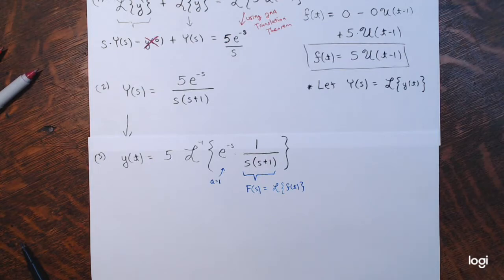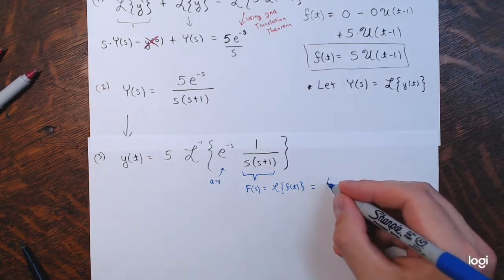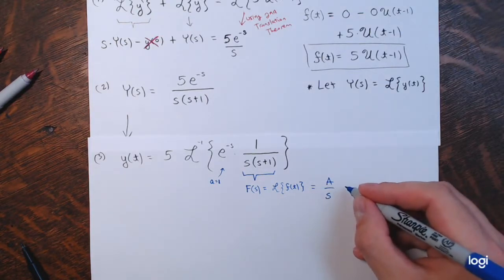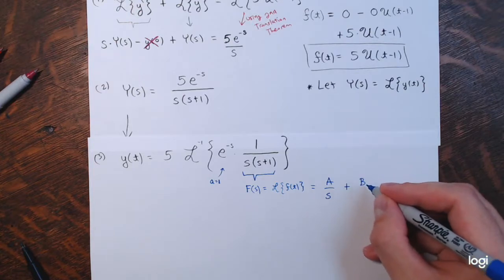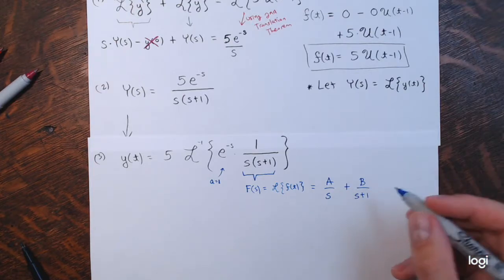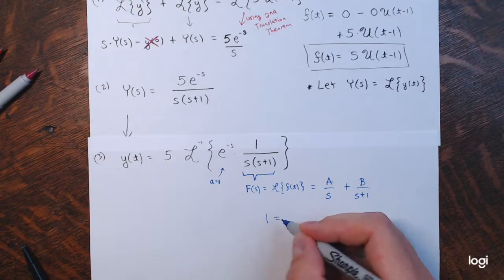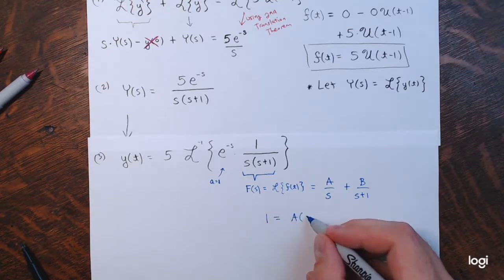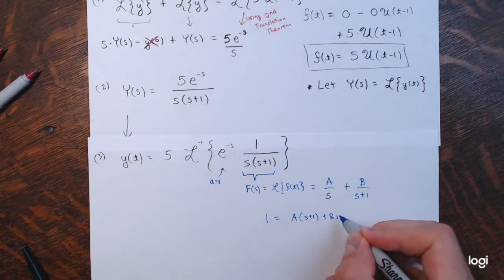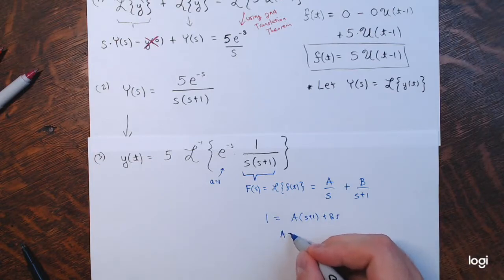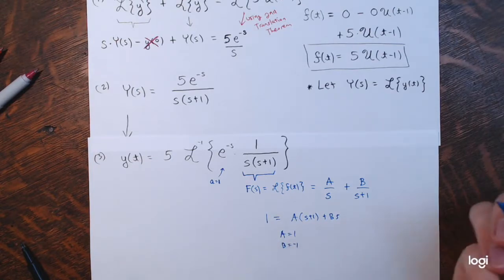And I'm going to break that up using partial fraction decomposition. So this is equal to some constant a over s plus some constant b over s plus 1. Multiplying through by the denominators, you have 1 equals a times s plus 1 plus b times s. So we get a equals 1, b equals negative 1 here. I hope you can tell.